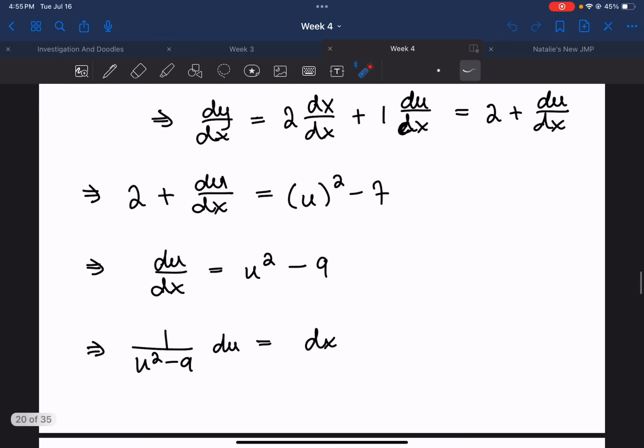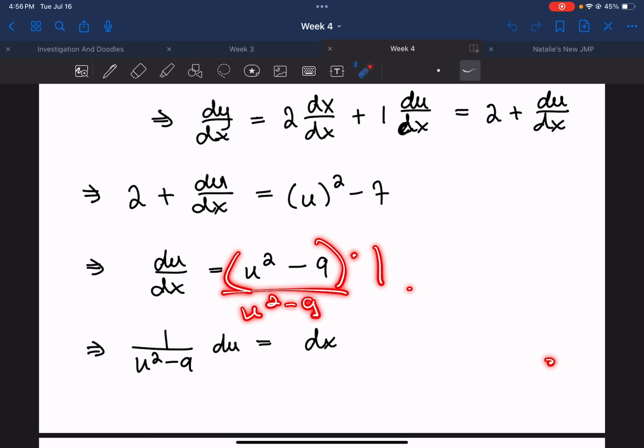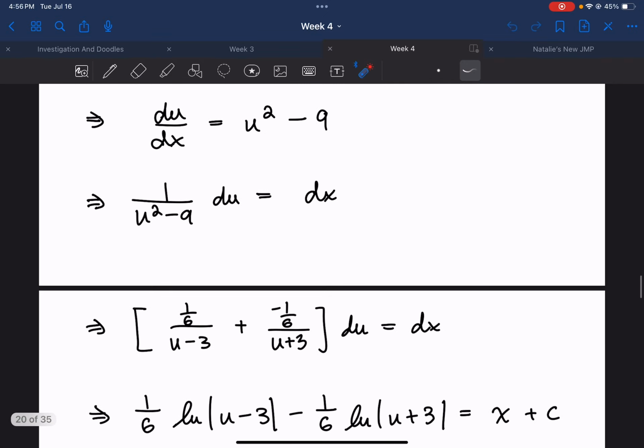And when you look at it, this is separable, right? It's stuff times 1 on the right-hand side. So by dividing both sides by u squared minus 9 and multiplying both sides by dx, I get 1 over u squared minus 9 du equals dx. To solve this, you need to use partial fractions again.